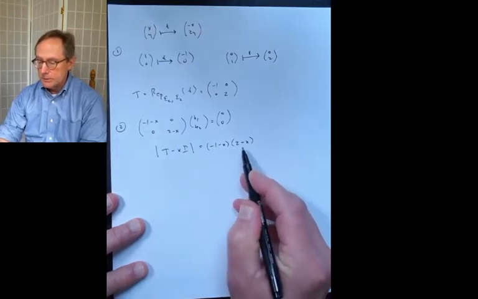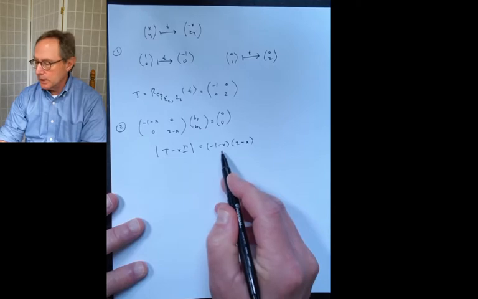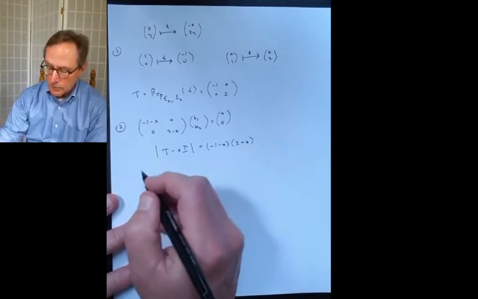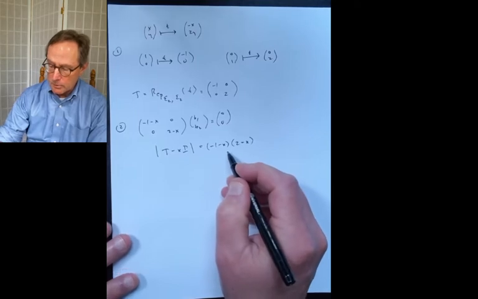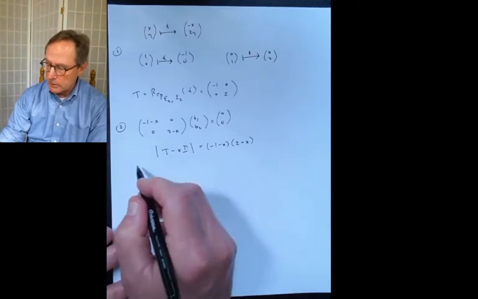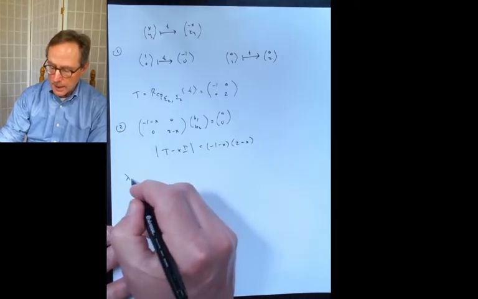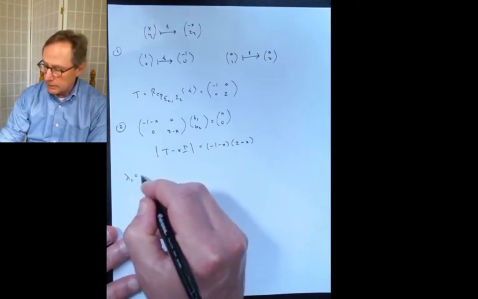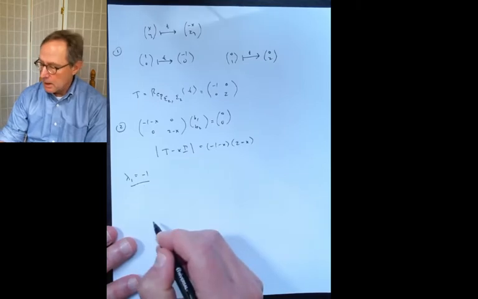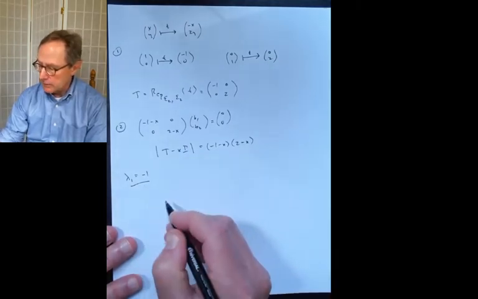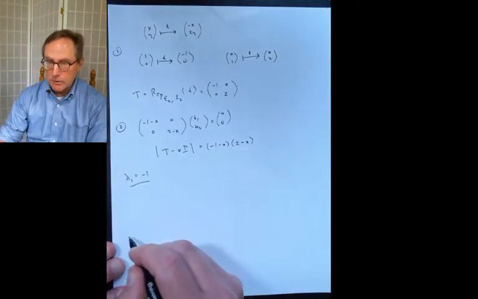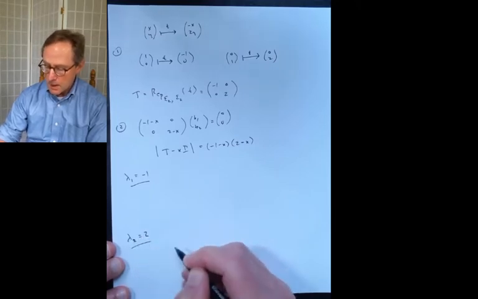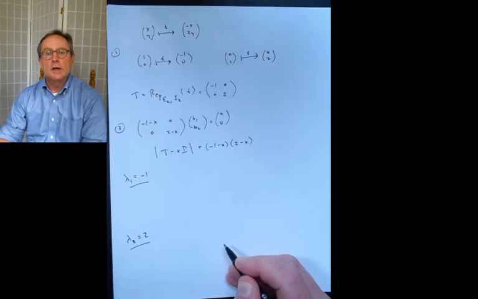And so x equals 2 and x equals minus 1 are the two solutions to that equation, the roots of that characteristic polynomial. So I'm going to write down that the first eigenvalue is minus 1, and I'll find the associated eigenvectors, and then the second eigenvalue is 2, and down here I'll find the associated eigenvectors.